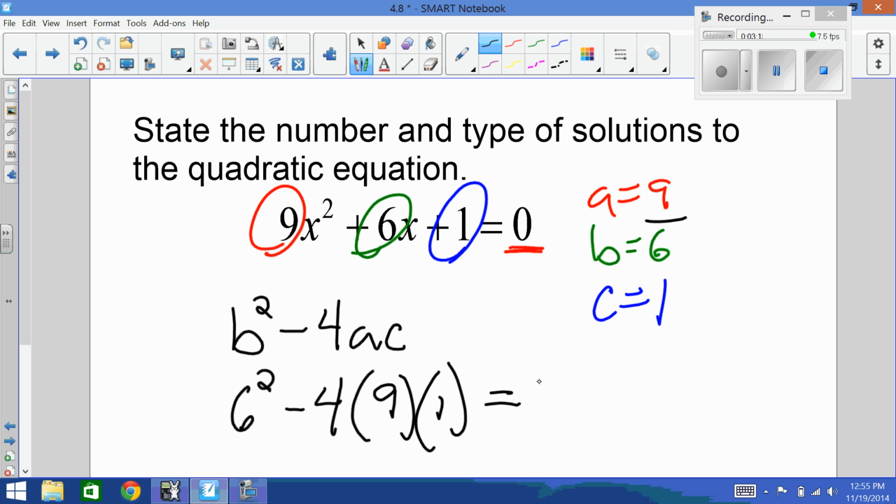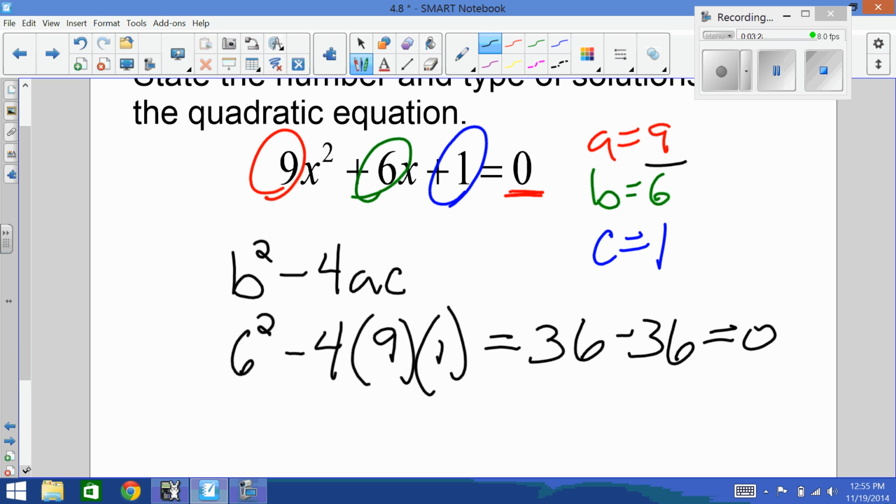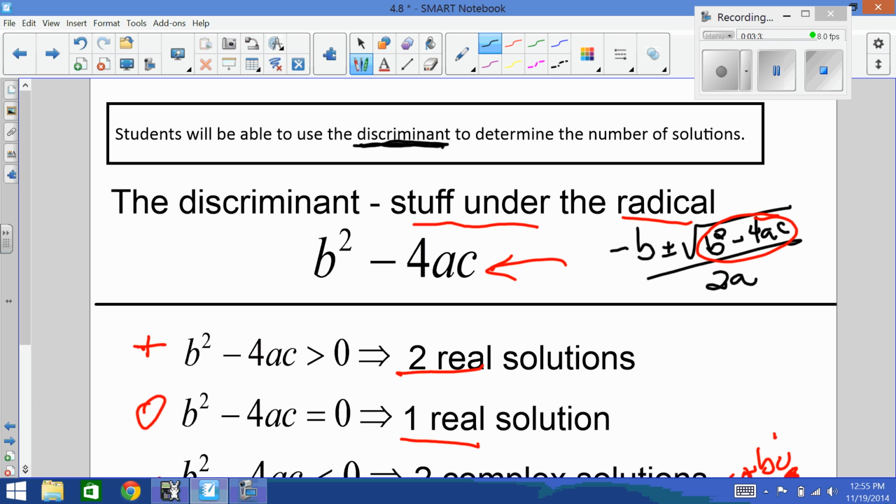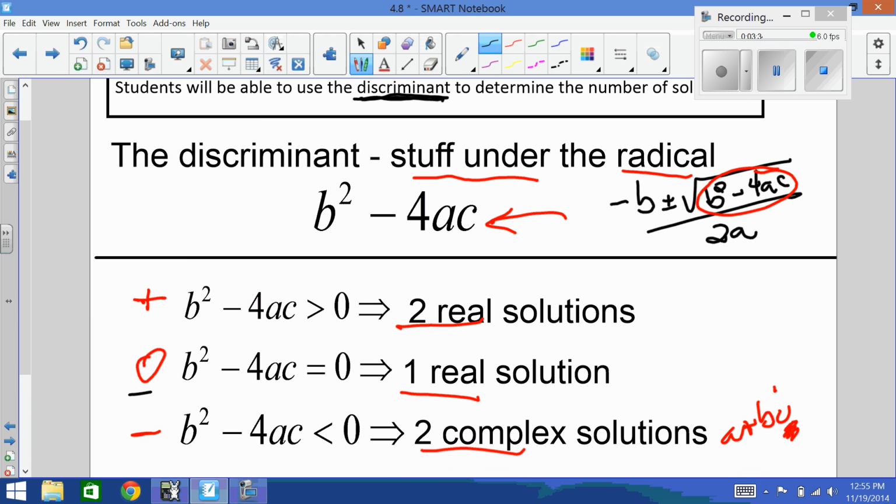So 6 squared is 36, and negative 4 times 9 times 1 is negative 36. So 36 minus 36 is 0. And since we got 0, as I said before, it'll be one real solution.